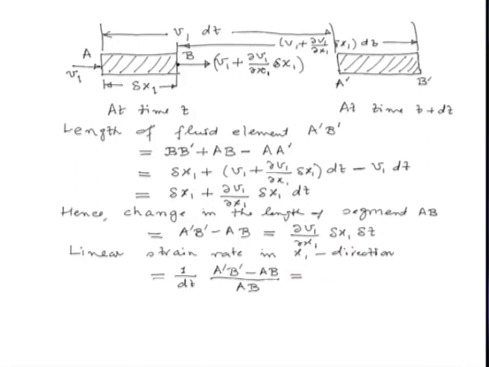So, if you do that, we would essentially get delta V1 over delta x1 times delta x1 dt over delta x1 dt. It is nothing but delta V1 over delta x1. We can use a symbol small e to denote what we call the strain rate tensor. So, e11 can be expressed as delta V1 over delta x1.